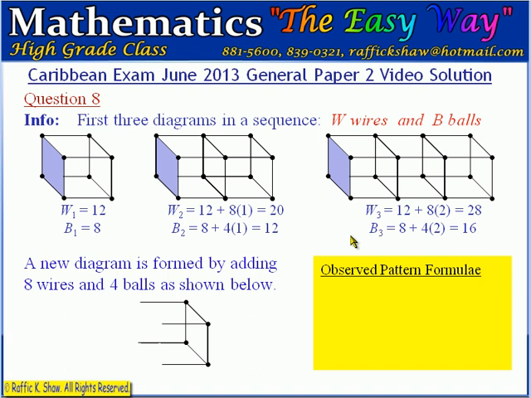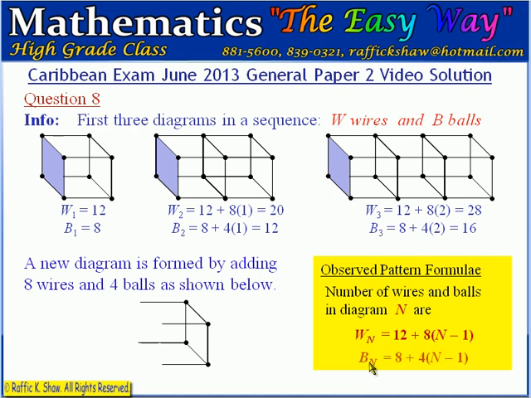So basically we can observe the pattern, and so the number of wires and the number of balls in diagram N would be equal to this formula. Number of wires in diagram N would be 12 plus 8 times n minus 1. The number that we're multiplying 8 by is 1 less than the diagram number.